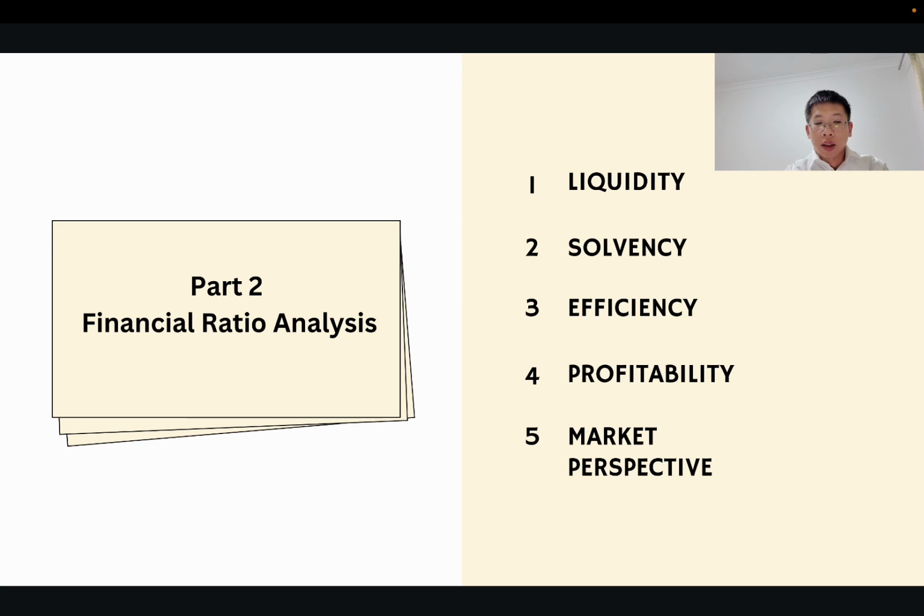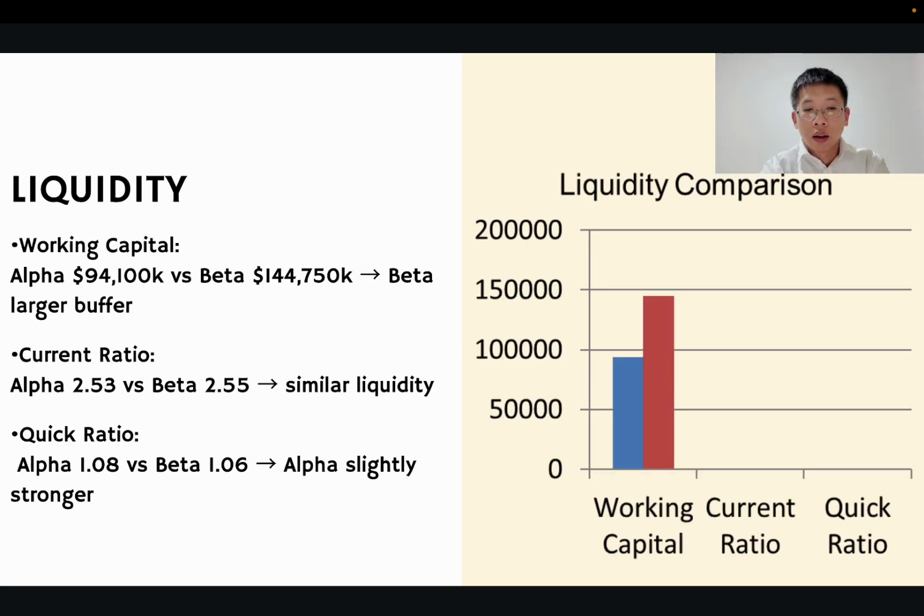Let's start with liquidity, which tells us how capable each company is in meeting its short-term obligations. Both Alpha and Beta show strong short-term financial health with current ratios above 2.